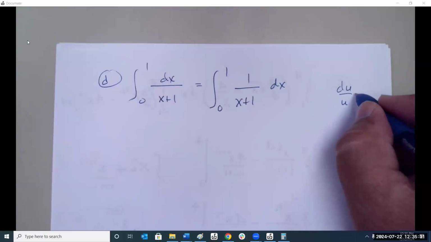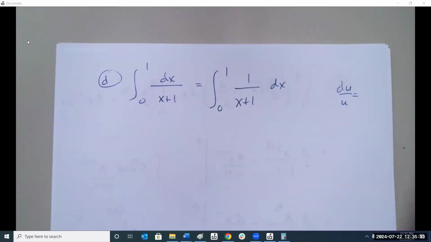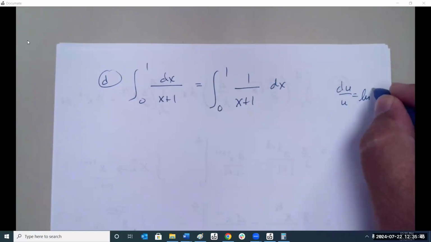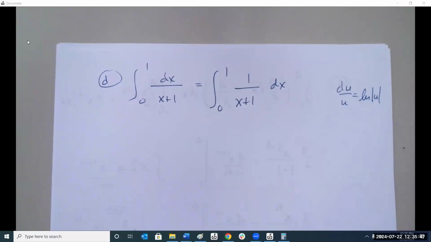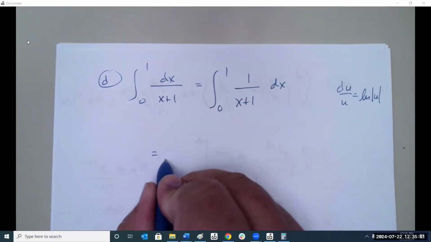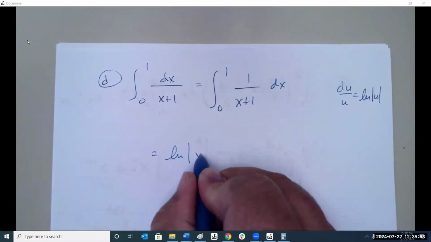So which one have we used that looks like that? ln absolute value of u. So it's ln absolute value of x plus 1.